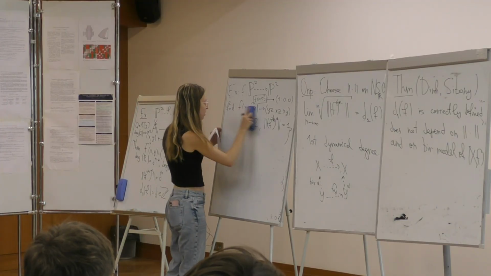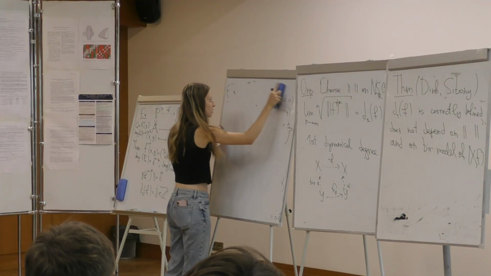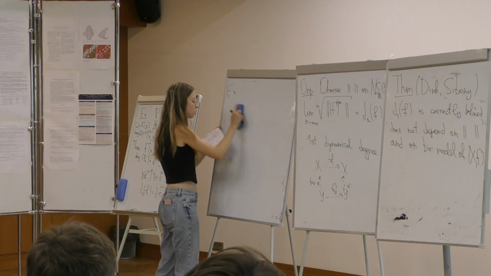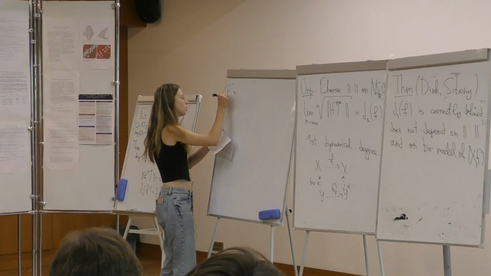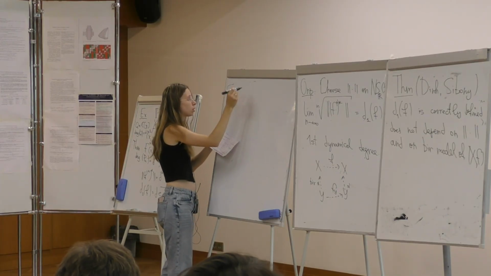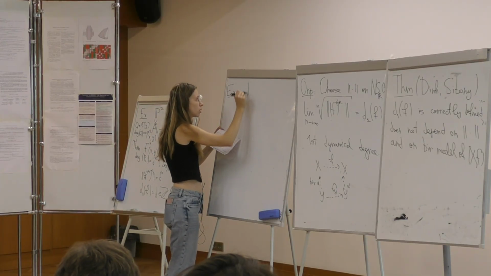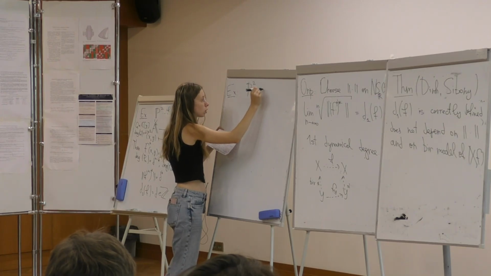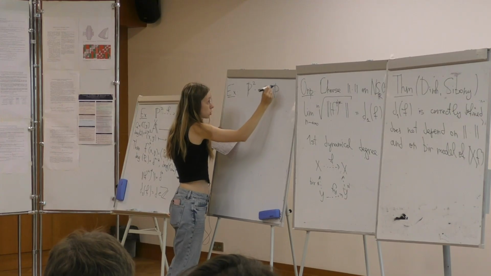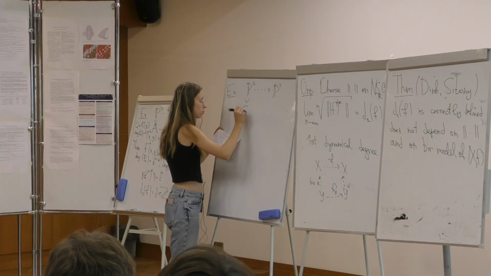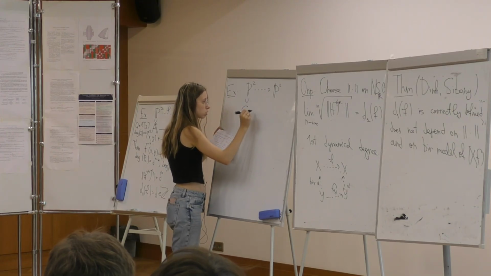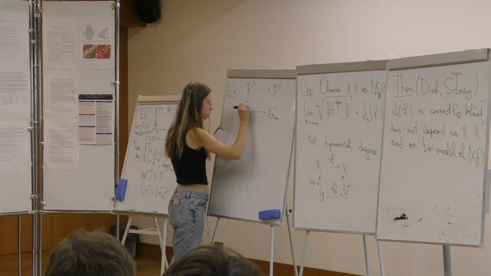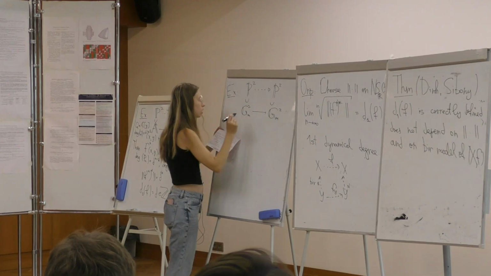So another example, probably an exercise. Example: a birational automorphism from P2 to P2, which is defined on G_m squared.